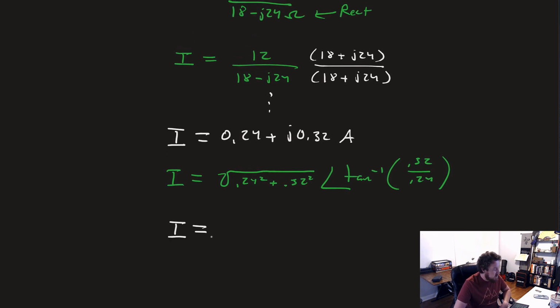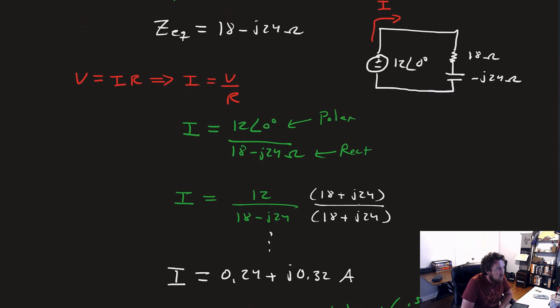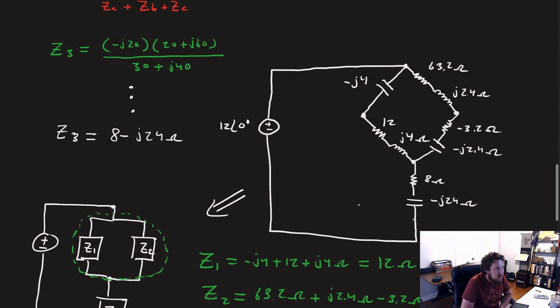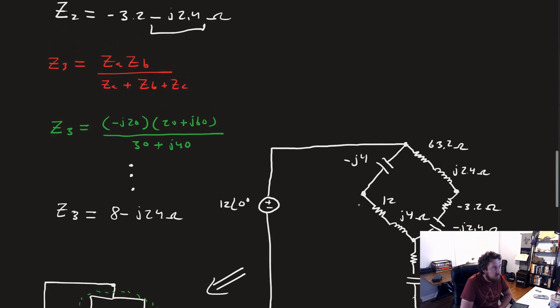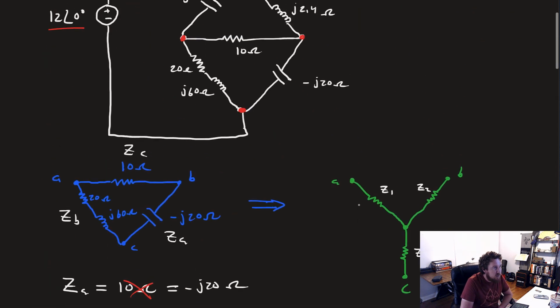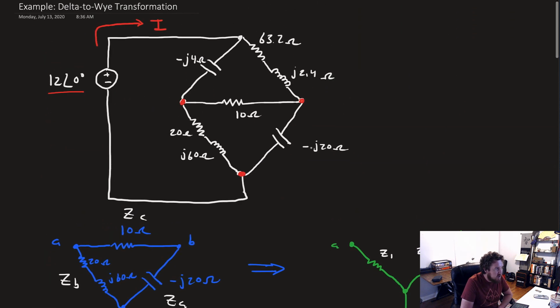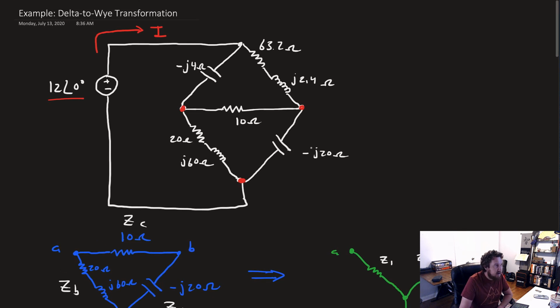So our polar form is just going to be I equal to 0.4 at an angle of 53 degrees amps. And there we go. That is how we use our delta-to-Y transformation to put our circuit in a place where we can just crunch it back down to its equivalent and find that current that we're looking for.